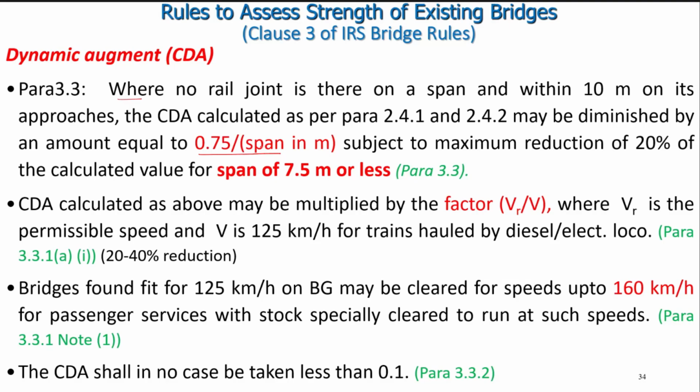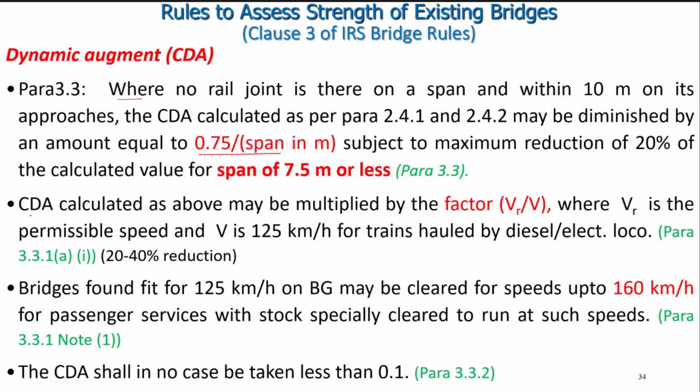It has been seen that up to 7 to 8 meters, the CDA coming from the formula 0.15 divided by (8 + L) is very high for the lesser spans. So we can reduce it to 0.75 divided by span, subject to a maximum reduction of only 20% of the calculated value for a span of 7.5 meters or less.